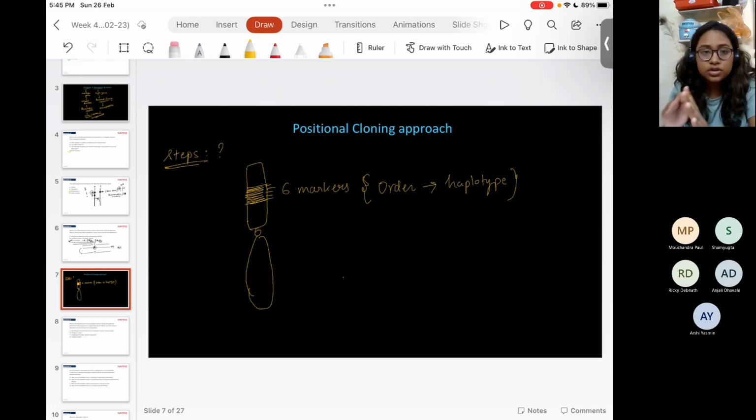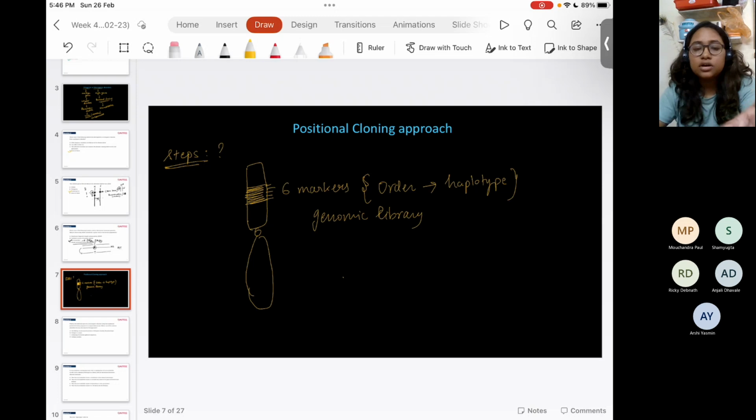So for chromosomal walking or physical mapping, you will have to use the genomic library, which is nothing but the fragments of the whole genome. They are cloned into a carrier like a yeast artificial chromosome, bacterial artificial chromosome, or bacteriophage.